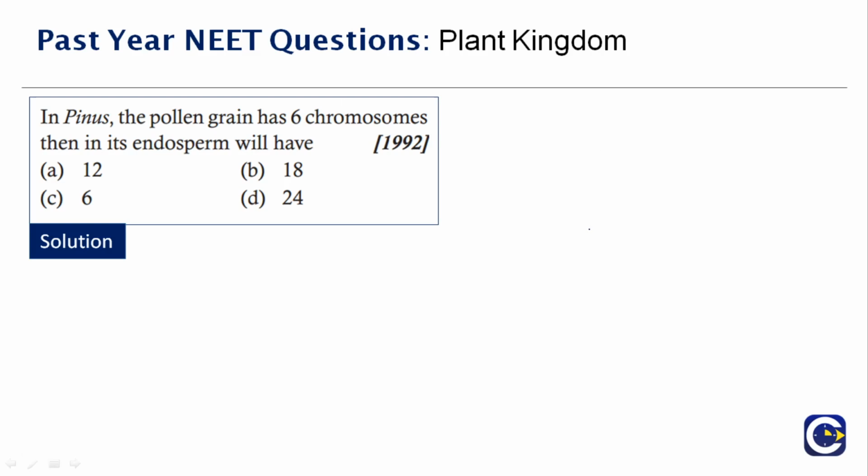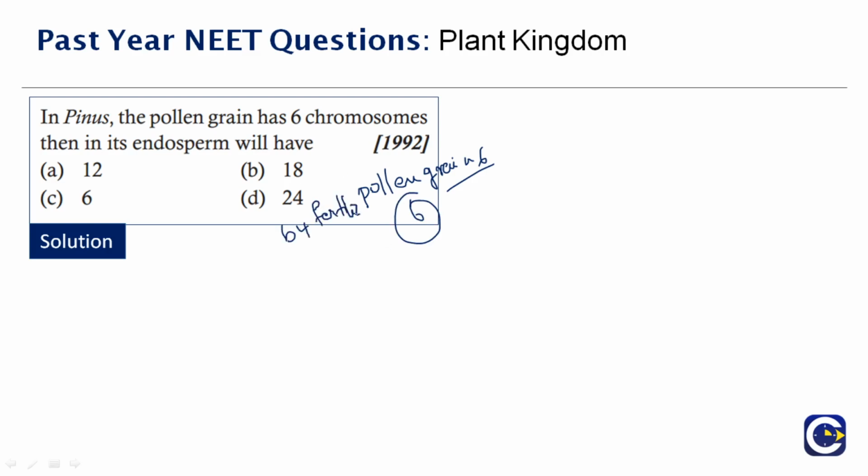That is correct. Now, the endosperm will also have 6 chromosomes because it is formed before fertilization. Only after fertilization it will become diploid. Can you understand the scenario here? See, in Pinus, pollen grain initially will have 6. An endosperm will also have 6 because they are talking about the system before fertilization. You have to clearly note here that it happens before fertilization.